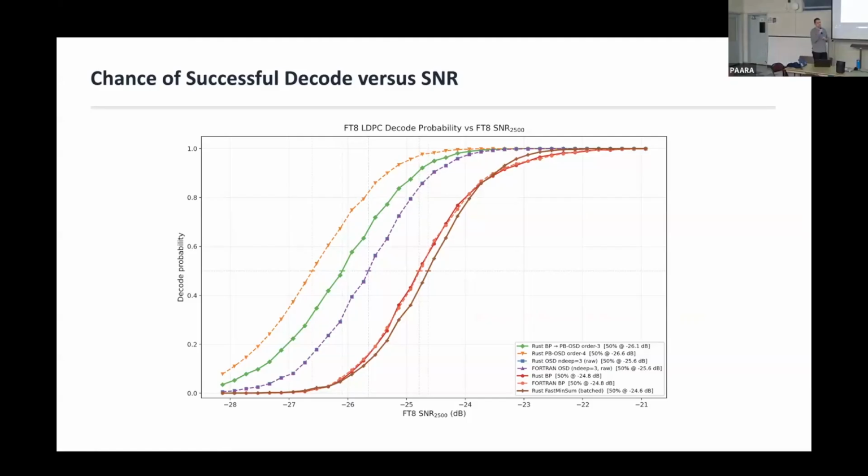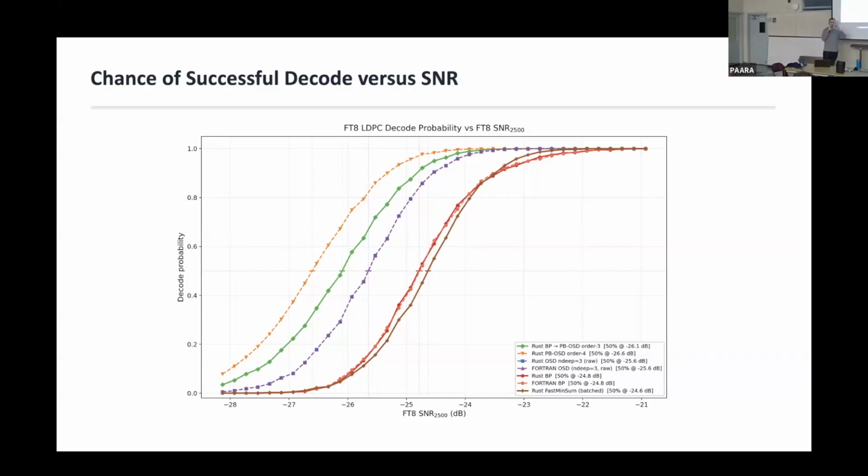All right, I'm going to do the axis first. Here you're at about negative 21 dB SNR, negative 22, 23, 24, all the way down to about negative 28. This is if I take a perfect sequence of bits and then add what's called additive white Gaussian noise. These are simulations, although later I'll show you the real data.